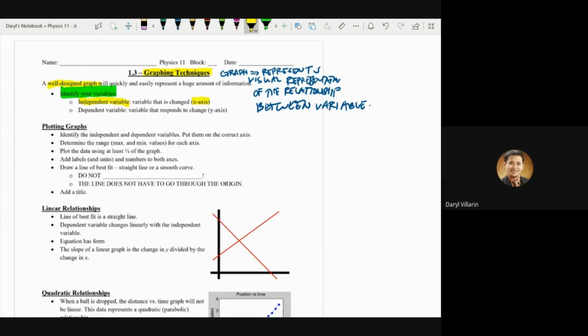In a Cartesian coordinate plane, which consists of an x and a y, the common point of intersection is the 0, or the origin. So when you plot your variables, the x-axis should represent your independent variable.